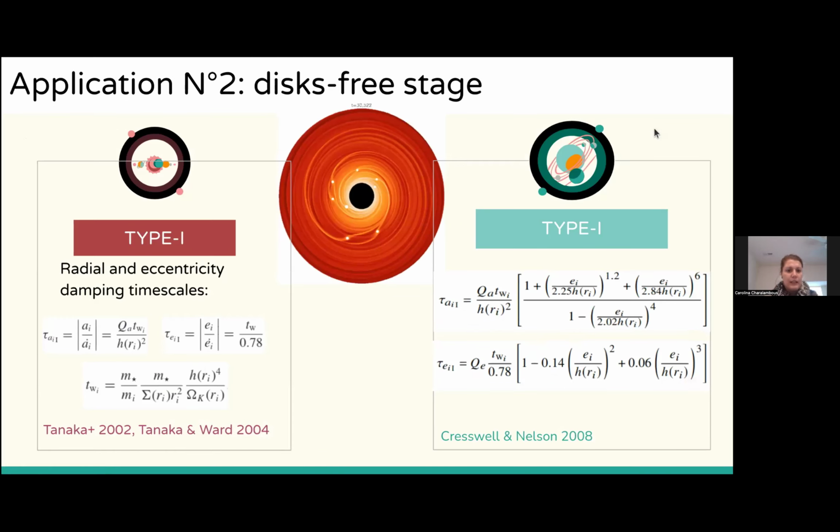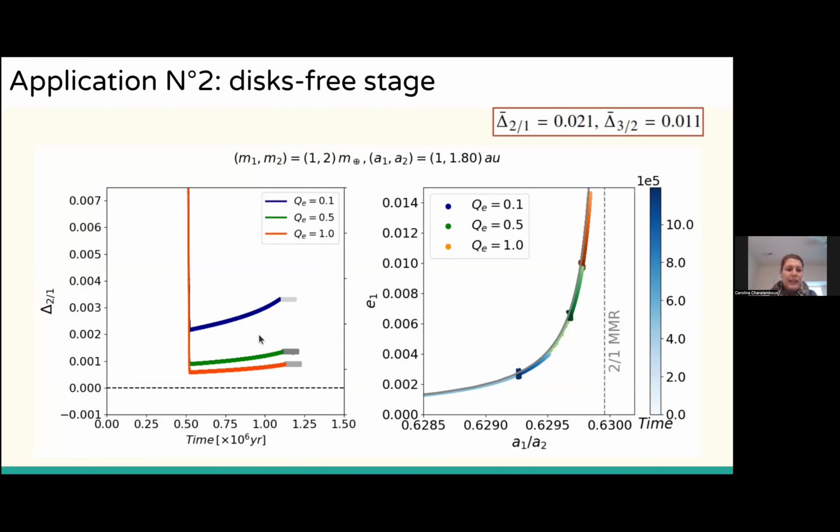So here we have the formulas that we use for this migration, but Cresswell and Nelson in 2008 performed hydrodynamical simulations, and they realized that the formulas need to be expanded, because we have to take into account what happens between the eccentricity and the aspect ratio of the disk. And if we add these terms that they propose, because they are using hydrodynamical simulations instead of doing a linear expansion, what we get is something like this.